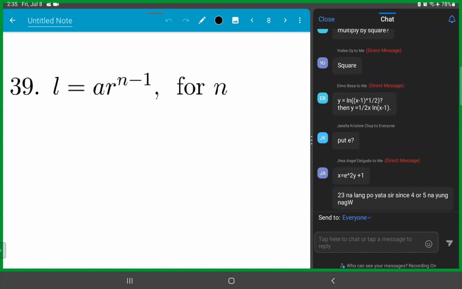So merong mga 9 or so na wala ngayon. Either they're very good students who have studied in advance or natamad sila. Kahit nandito ka na, tinatamad ka pa. Nakakatulog pa nga yung iba, lalo na kapag math o history, less favorite subject mo yon.